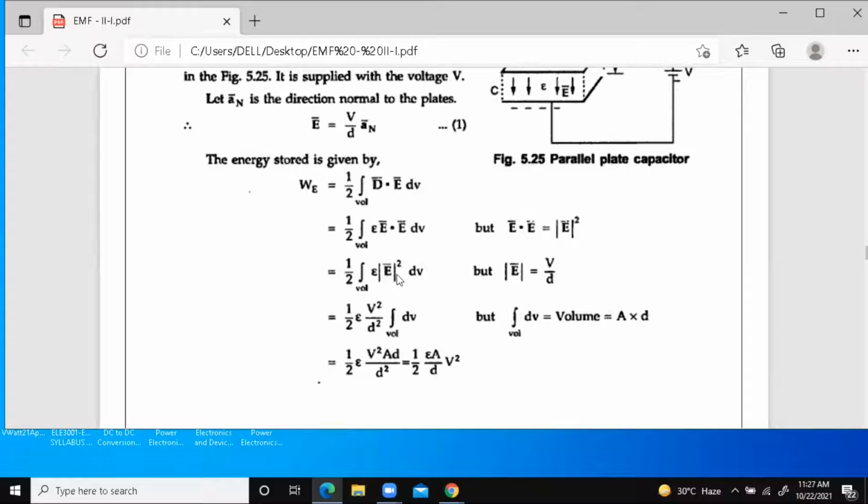Well, here we have E equal V over d. So we put this in for this, get this, and we put in this for E, we get this. Volume equals A times d, put that in, and we end up with this.